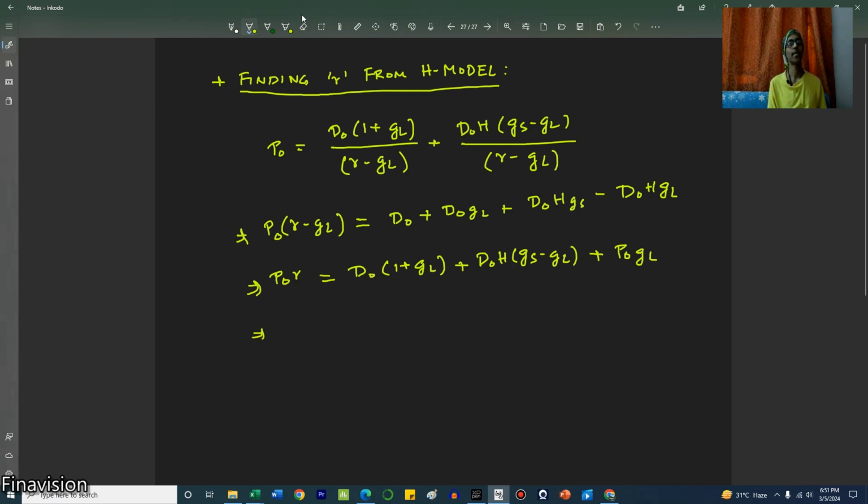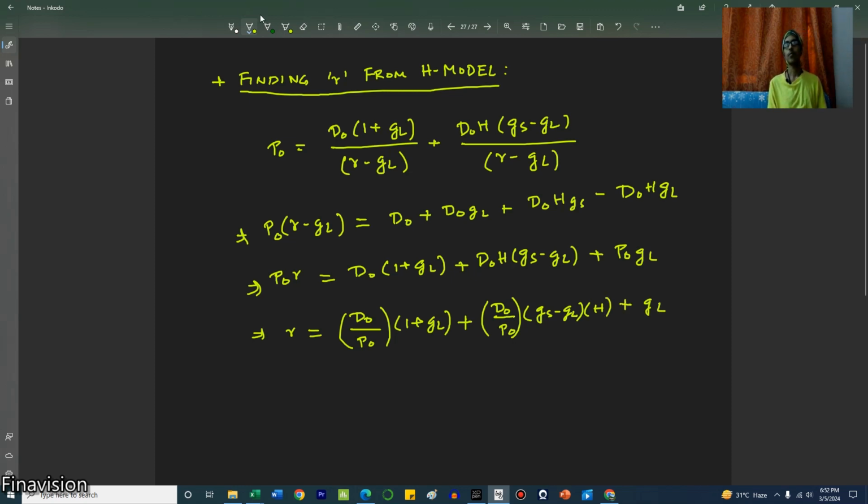Now we divide both sides by P0 to get the R. R is equal to D0 by P0 into 1 plus GL plus D0 by P0 into GS minus GL into H plus GL.